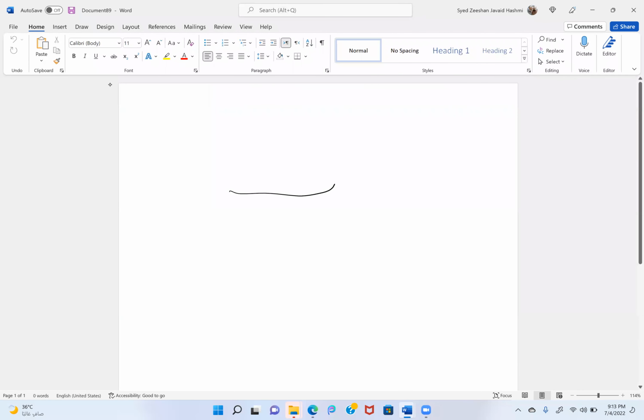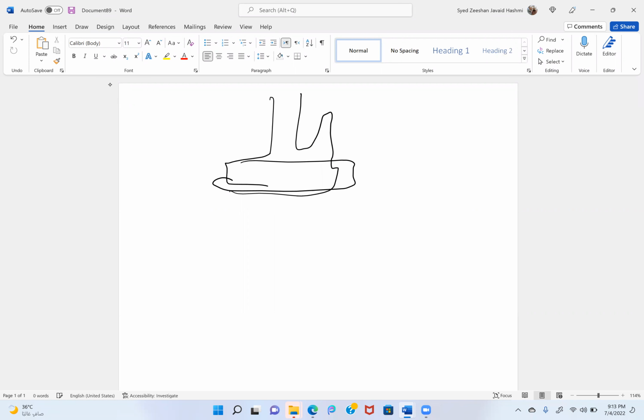For example, if this is the ultrasound probe, and for example, this is the vessel which is going, so you have put it in the direction of the vessel or the nerve. Okay, so which view will it be?